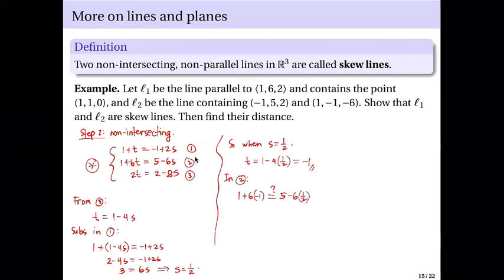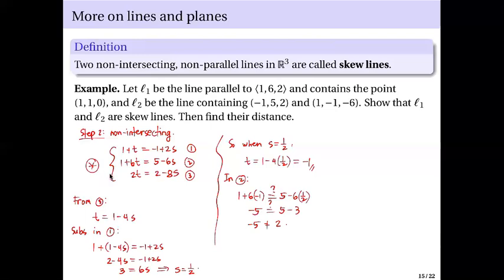On the left-hand side, we have 1 minus 6, so that's minus 5. On the other side, you have 5 minus 6 times 1/2, that's 3. So negative 5 is not equal to positive 2.